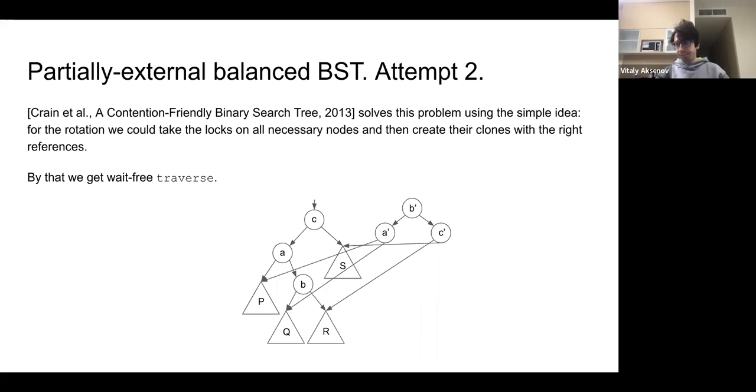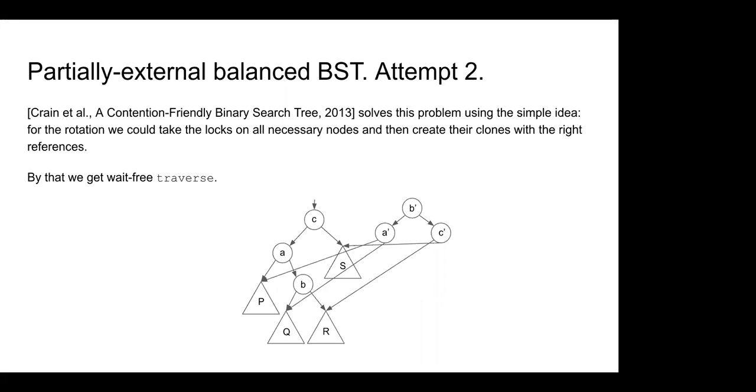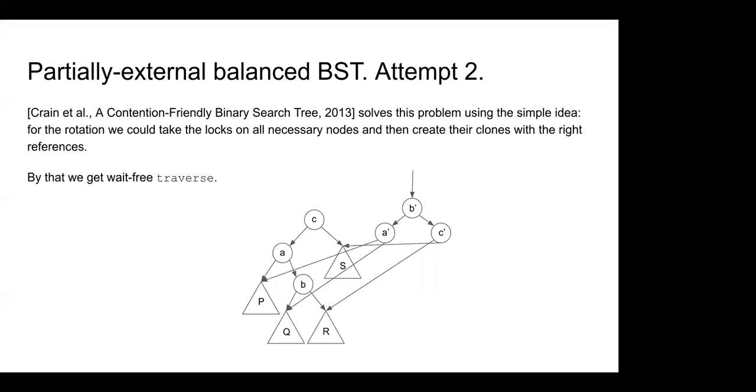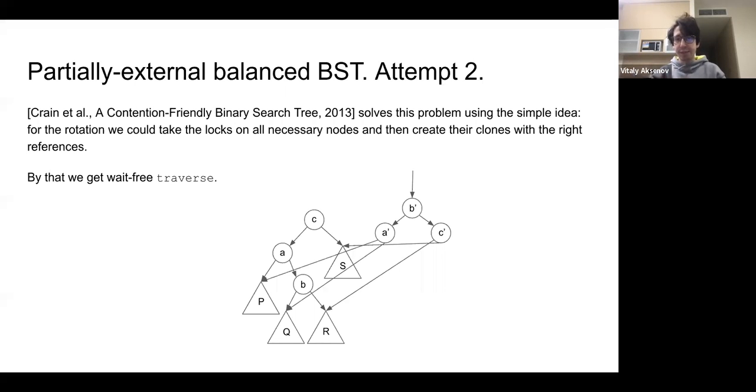So when does the second thread publish its changes? It's exactly as I told. It made the rotation in the additional copies, and it replaces here the link to C with the link to B. So it's just at that moment. When it has made the new nodes, it just replaces the reference from the top.